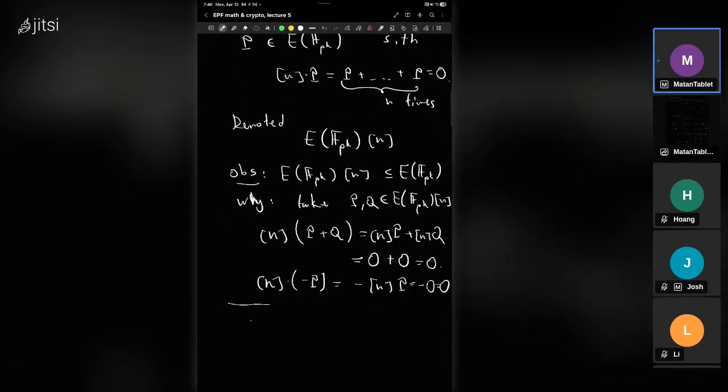Before I go to that, maybe it's better to state a theorem. Let's call it theorem star.